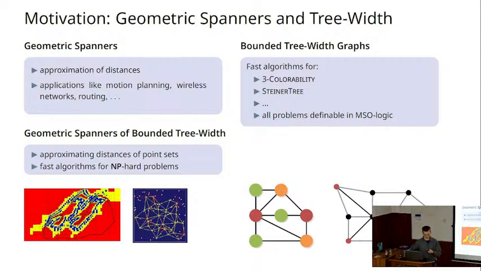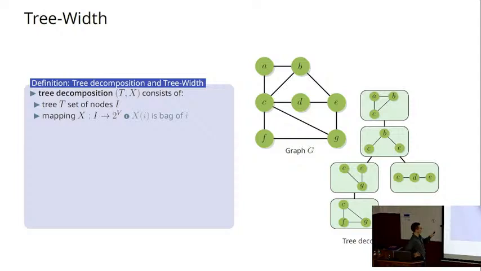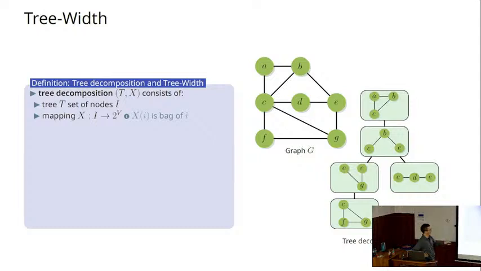So let me briefly just say what bounded tree width means. So here's a graph. For a graph you can find a tree decomposition. A tree decomposition is you have this tree here.